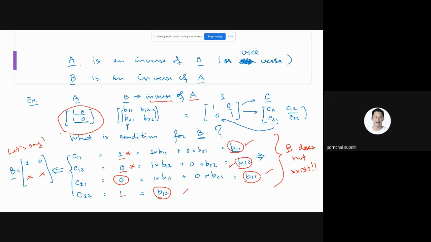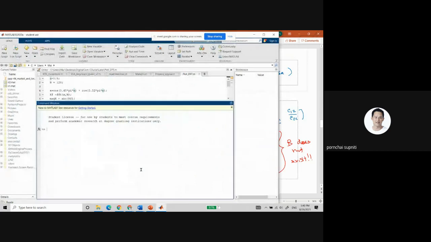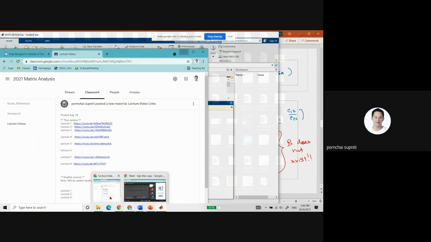We can test it, no? Just for fun, let me take a look. I have MATLAB open. So let's see what we get. If I let A be equal to 1, 1, 0, take a look at this page.